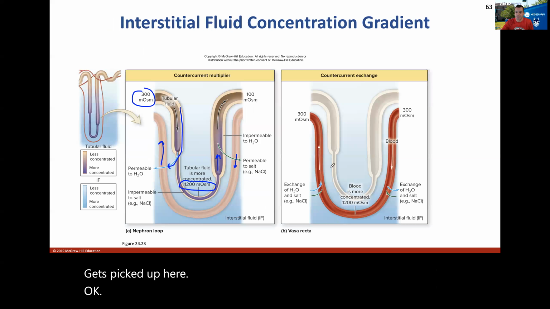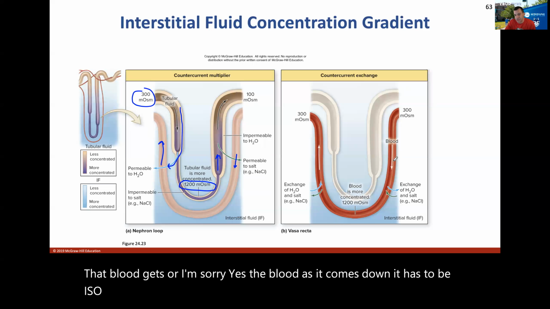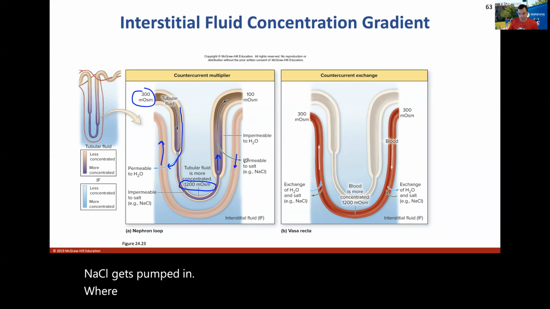So here, as the blood comes down, because this is the vasa recta, the blood, as it comes down, it has to be isoosmotic with the surrounding tissue. So water gets pumped out, NaCl gets pumped in. Where did NaCl come from? Right here. NaCl is being pumped out.